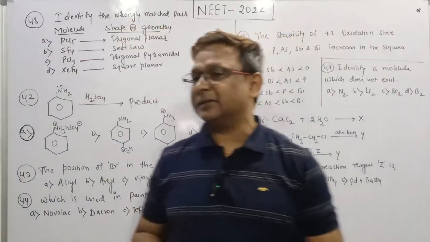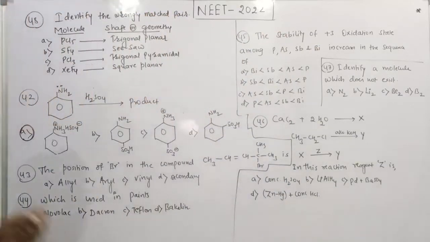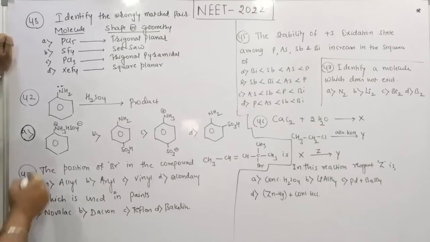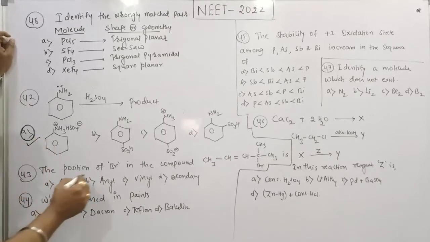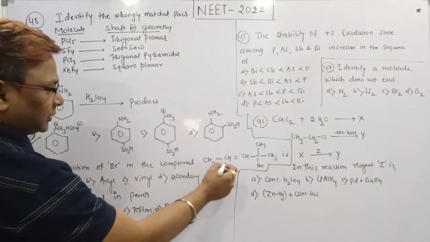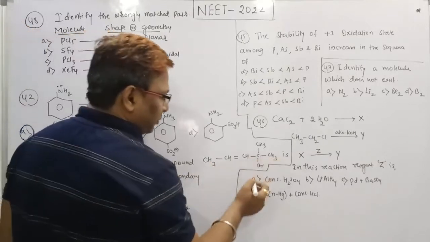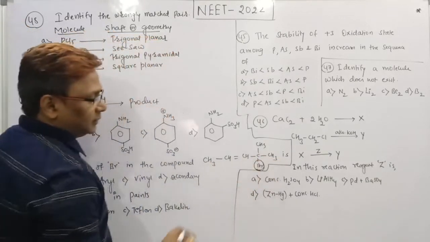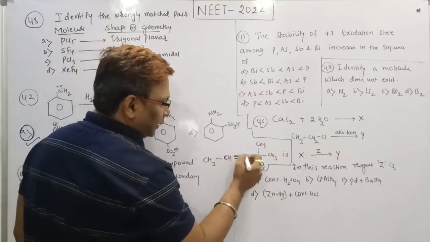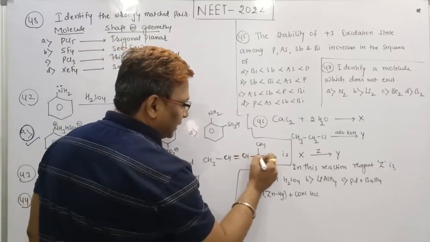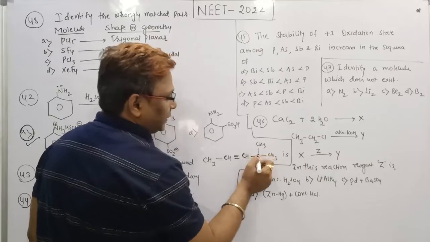Now come to the second example, question number 43. Here option A is correct. Position of bromine in the compound given. See beta, in this compound, what is the position of bromine? A carbon bonded to a double-bonded carbon is called an allylic carbon.